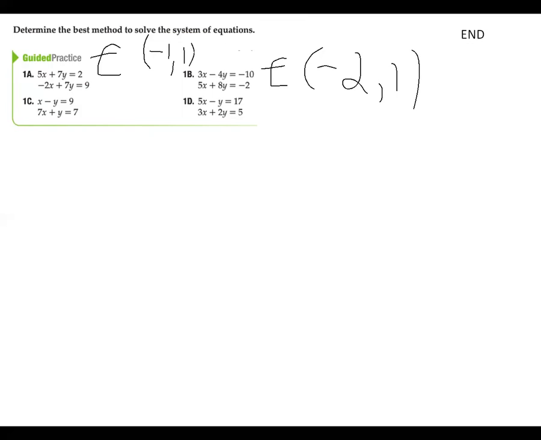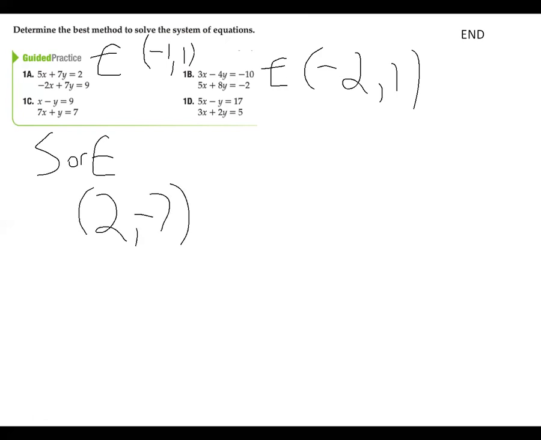You could use either for all of these, but which one's going to be easier? For this one, I think it's a tie, because if you added these two together, the y's would cancel. Or if you added the y to the other side of the first equation, you would get x by itself, and you could substitute. So I'm going to put s or e, and the solution for that one is 2, -7.